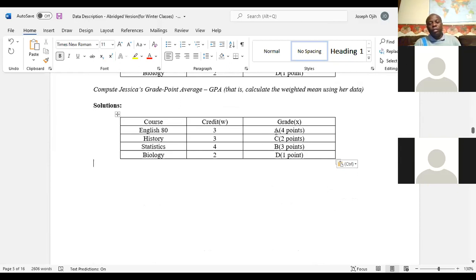So B, C, these are her grades on those exams. C is 2 points, and so on and so forth. So I'm going to have it here, credits. I'm going to remove the letters so we can have only the points. Keep doing it for all of them.